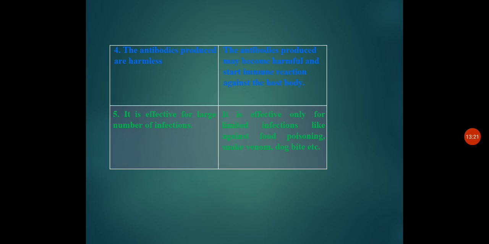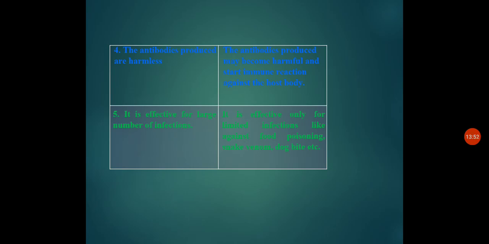You can't use dog bite antibodies for snake venom, or snake venom antibodies for dog bite, or either of those antibodies for food poisoning. It is very, very specific. Okay, this is how you need to represent it if they are going to ask questions on these concepts, active and passive immunity. So these are the differences. They are very unique, so you need to point them out here.